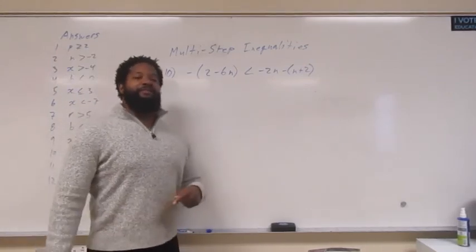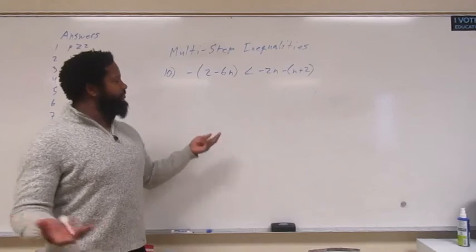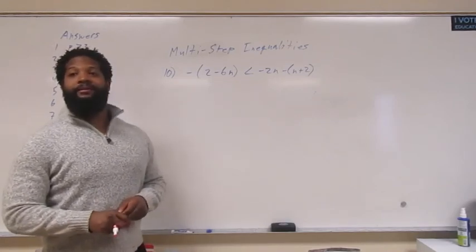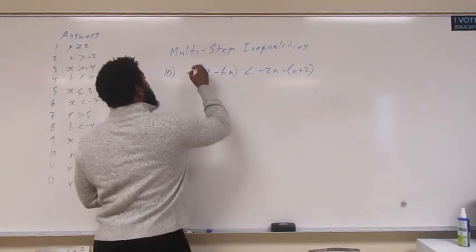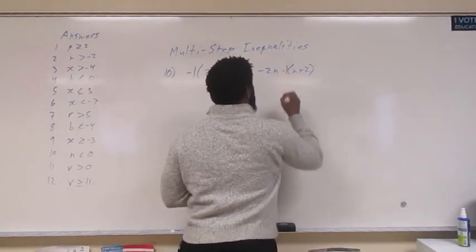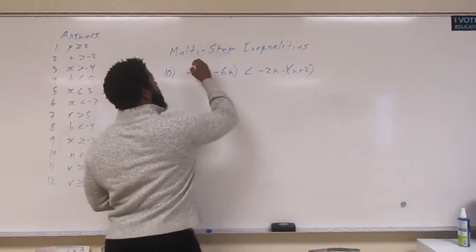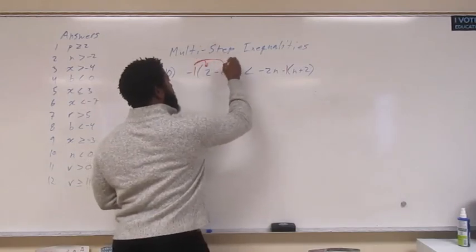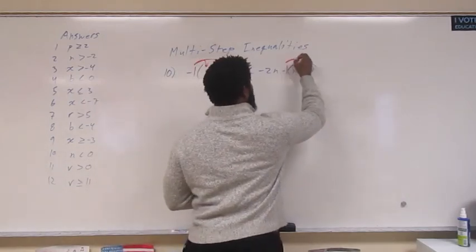What happens when you have a negative next to a parenthesis? It's a negative 1, an imaginary 1. So negative 1 times negative 6n is positive 6n.